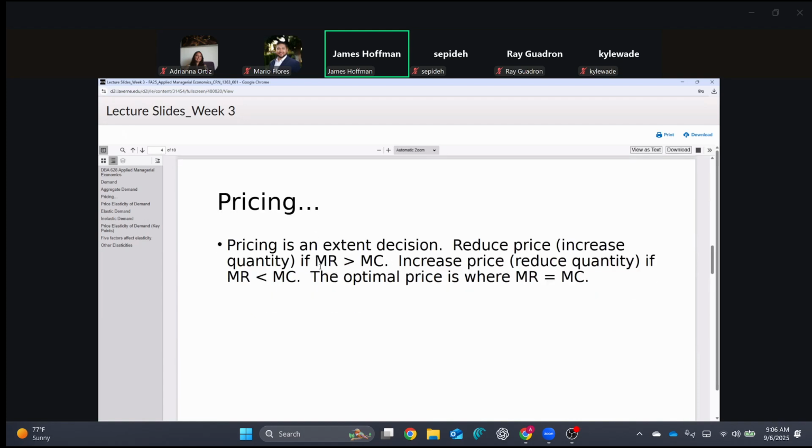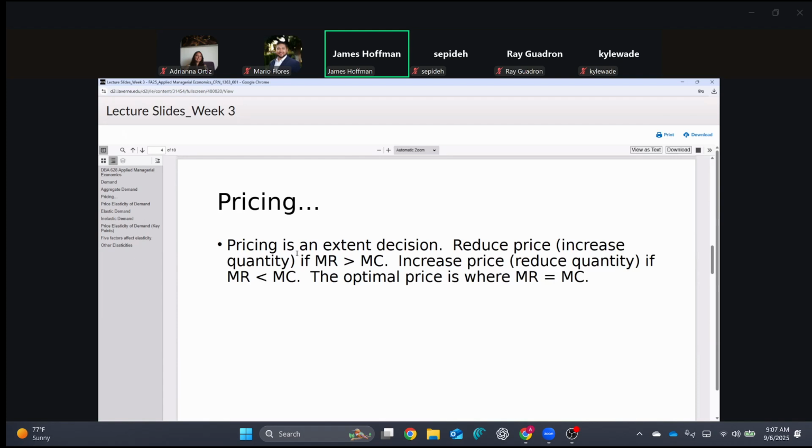We learned that when marginal revenue is greater than marginal cost, like the next unit sold, that means that another unit sold would give you more revenue than it costs to produce it. So the recommendation would be to do it. Whereas if the next unit sold gives you less revenue than the cost to produce it, that's probably a bad choice, because you're getting less to sell it than it costs to produce it.